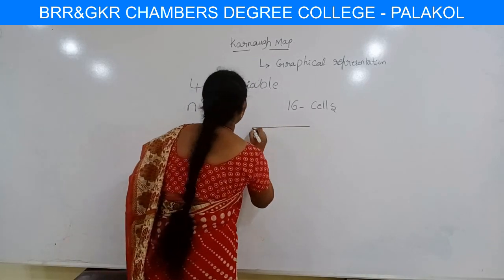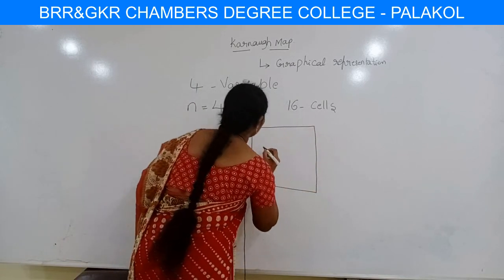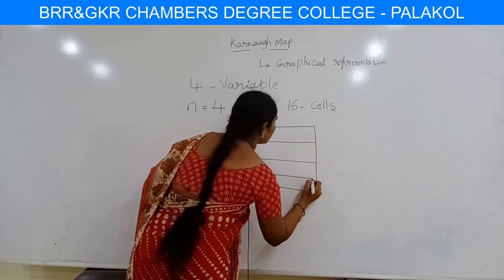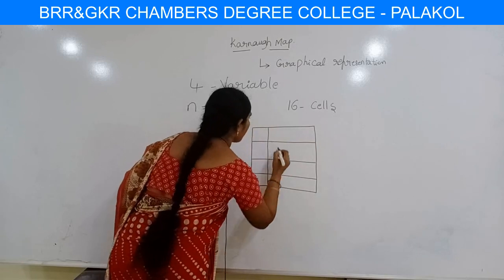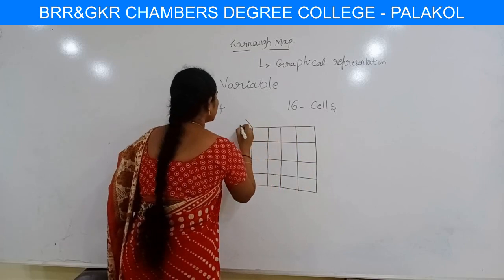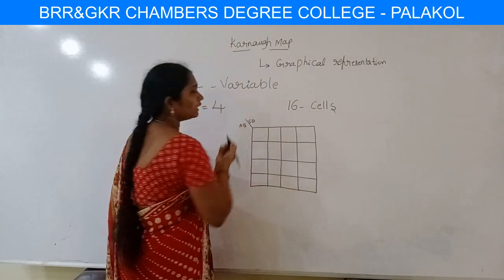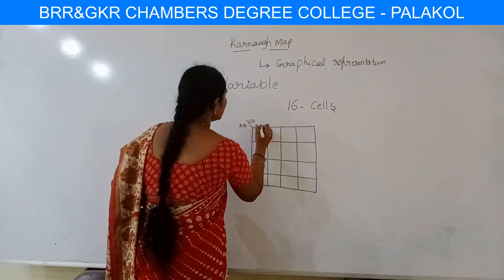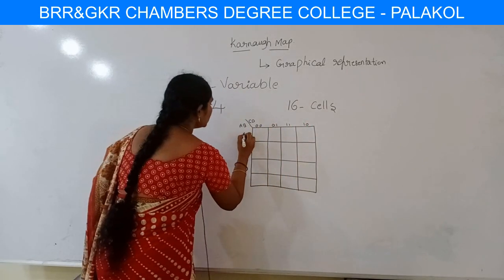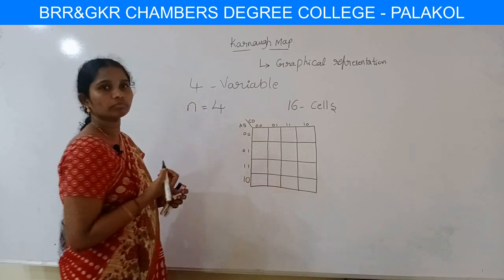Here this is A, B and this is C and D. These are 0 0, 0 1, 1 1 and 1 0, and these are 0 0, 0 1, 1 1 and 1 0.